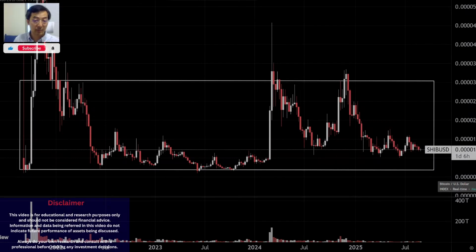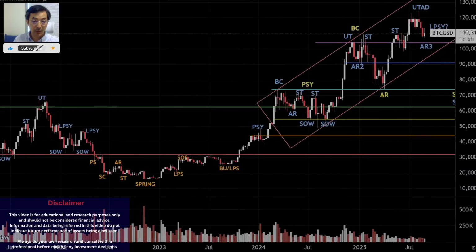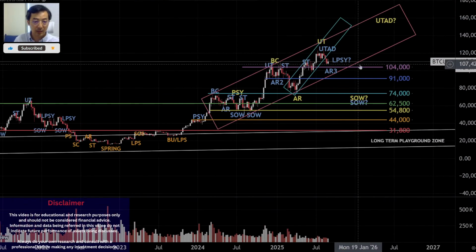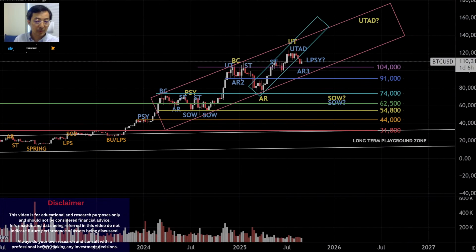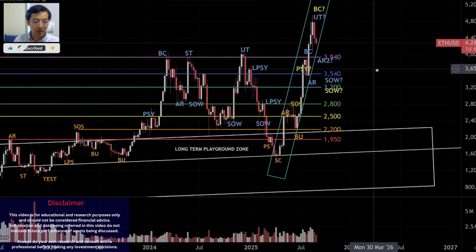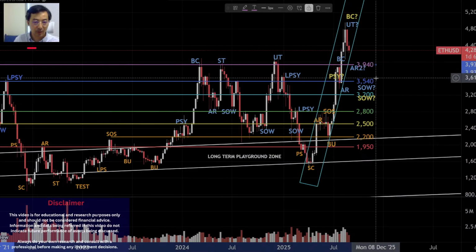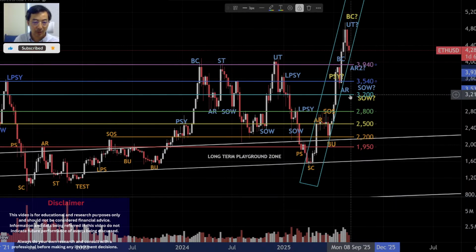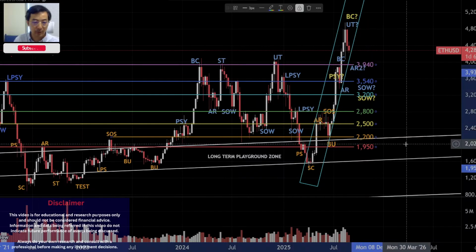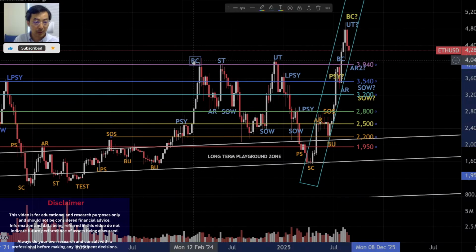Let's borrow them from Bitcoin. So here, you see these lines. I'm trying to see whether it's better from Bitcoin or Ethereum. Ethereum looks nicer, this rainbow of key levels. So I'll borrow from Ethereum these key levels as well as the text.